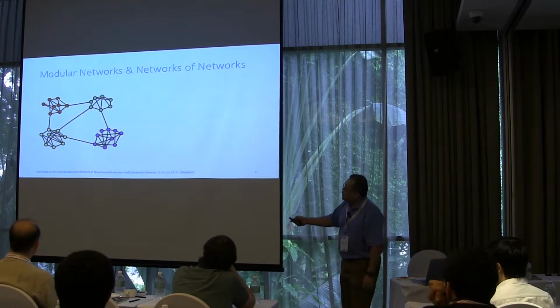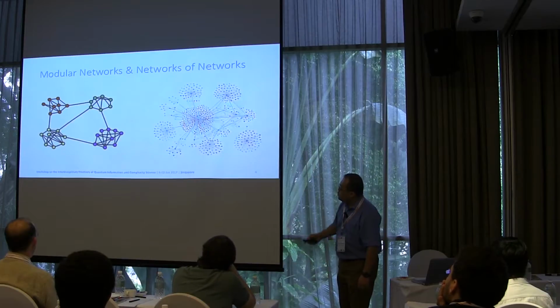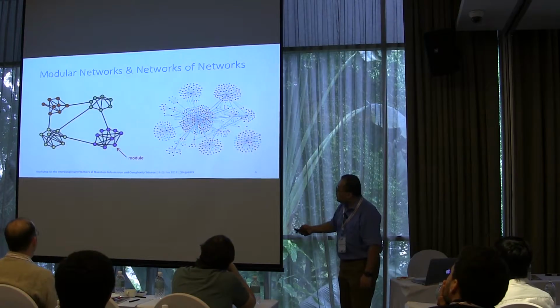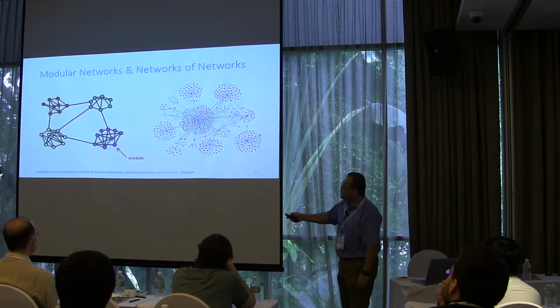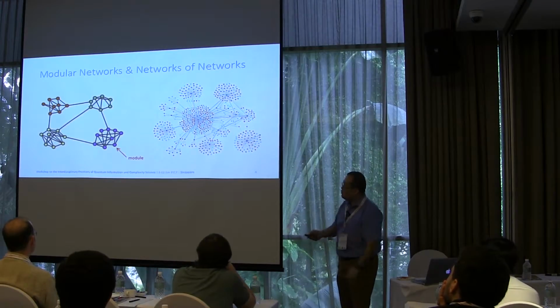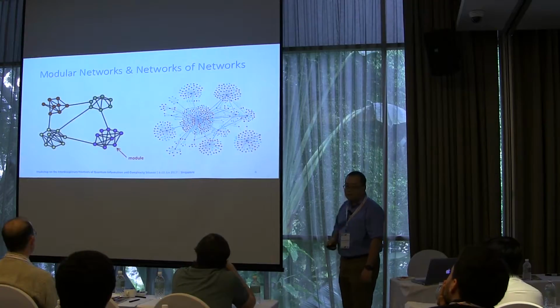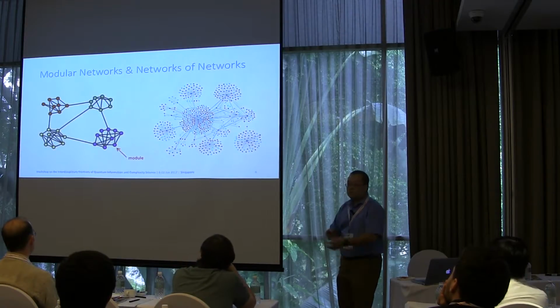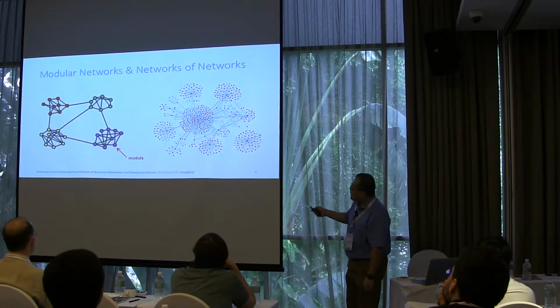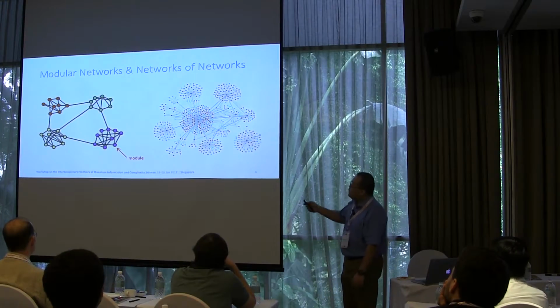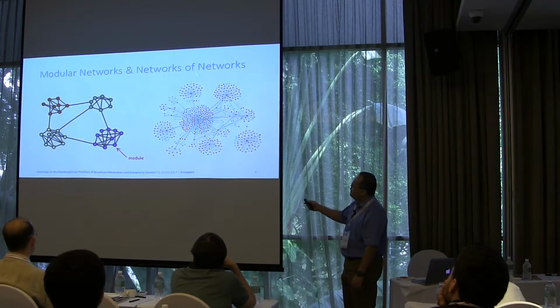You can see that the different modules in this network are colored differently. The red nodes are more closely connected to each other. The green nodes are more closely connected to each other, and then the different modules are only weakly connected to each other.